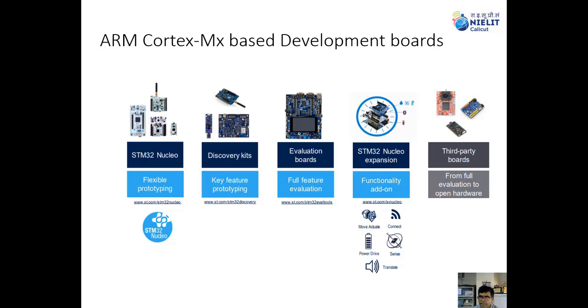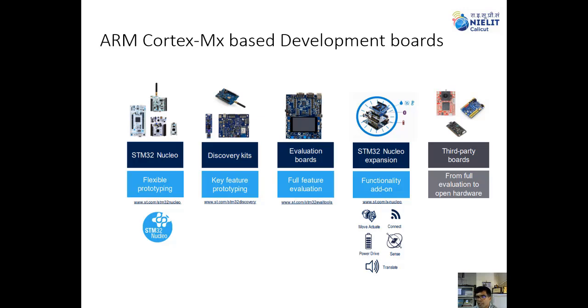For certain applications, if you want the complete features evaluated as part of your development, in such cases you can go with an evaluation board. So for flexible prototyping, we have the STM32 Nucleo; for key feature based prototyping you can go with the Discovery kits; and if you want access to the full features, you can go with the evaluation boards. These are the three types of Cortex M series based boards available from ST Microelectronics.